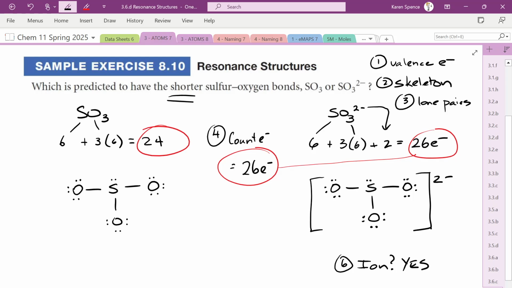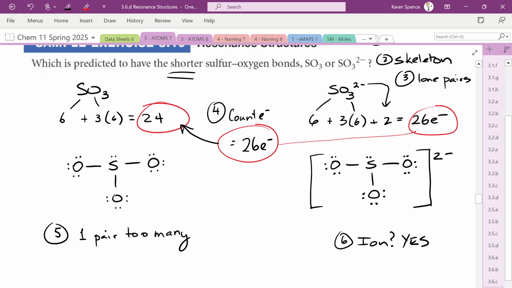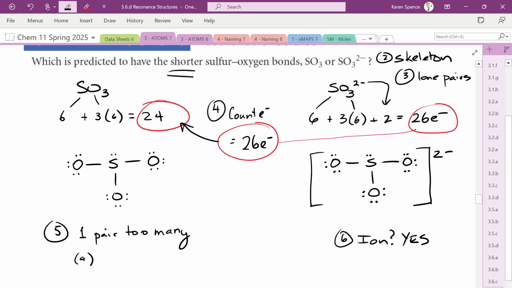Now over here, we have to go to step 5 because we have one pair too many, sorry. So what do we do when we have one pair too many? Erase one pair from central.